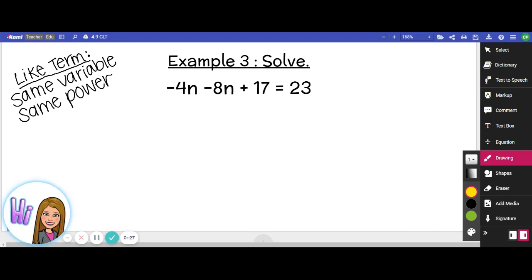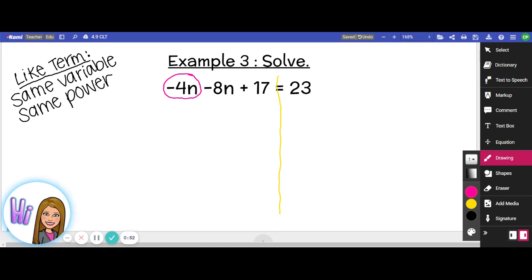So I'm going to start off by drawing my wall because everything has to stay balanced. And now I want to look at my terms. My first term, negative 4n, has an n to the first power, so I'm going to shape code this using a circle. Notice that I include the negative sign because that is part of the term.